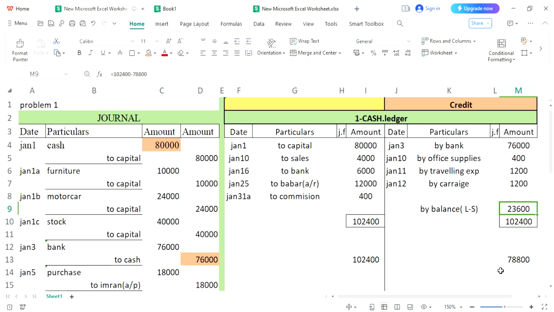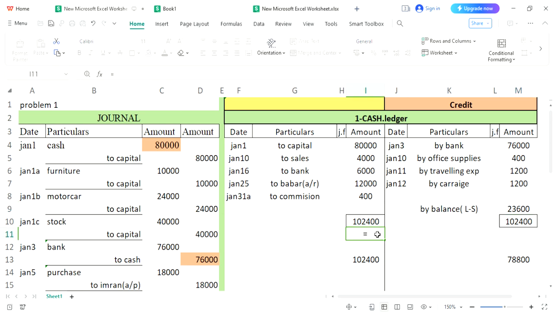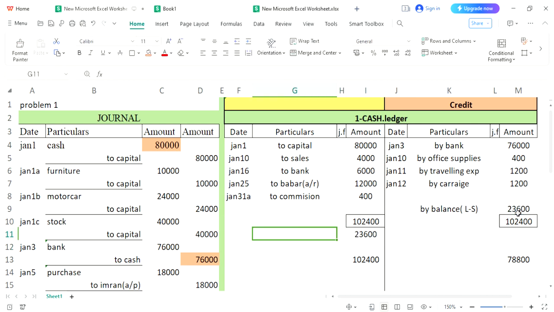This was your balance, and what is the last step of making a ledger? You will bring this balance to the other side. You have calculated this balance on the credit side, and now you will take this balance downwards to the opposite side. This is the credit side, and this is your debit side, and you will write the same balance, 23,600, on the opposite side but downwards, and with a twisted name you will name it as balance.